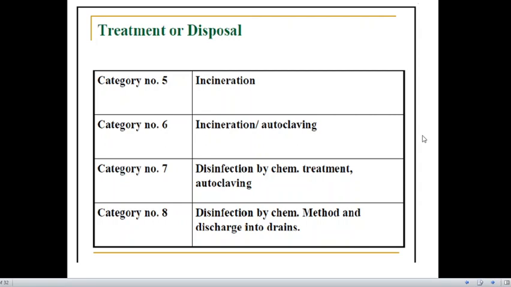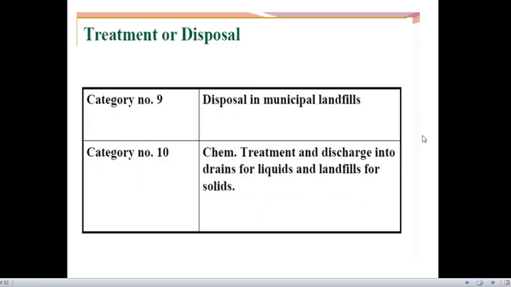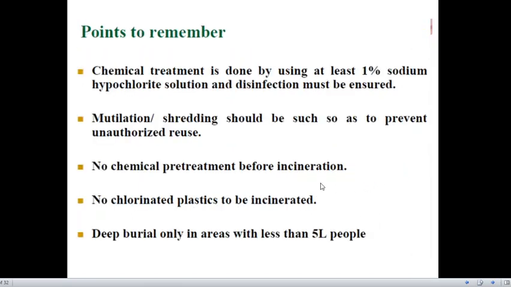Number 6, incineration, autoclaving. Number 7, disinfection by chemical treatment and autoclaving. Category 8, disinfection by chemical methods and discharge into drainage. Number 9, disposal in the municipal landfills. And category number 10 includes chemical treatment and discharge into drains for liquid, and landfills for solid.